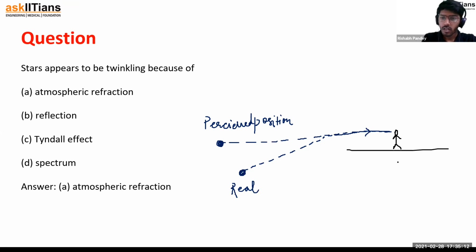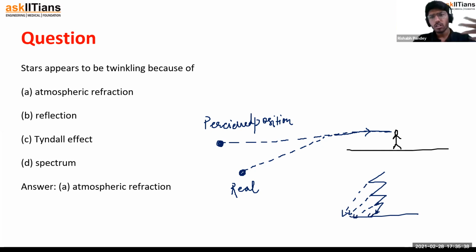No. If I zoom into over here, say this is the surface, the path followed by this ray of light is like this. And so our eyes will perceive in all the directions. So eyes will believe that there's a ray of light coming from here, and then from here, and then from here. So there are multiple lines through which we perceive that there's a ray of light coming.